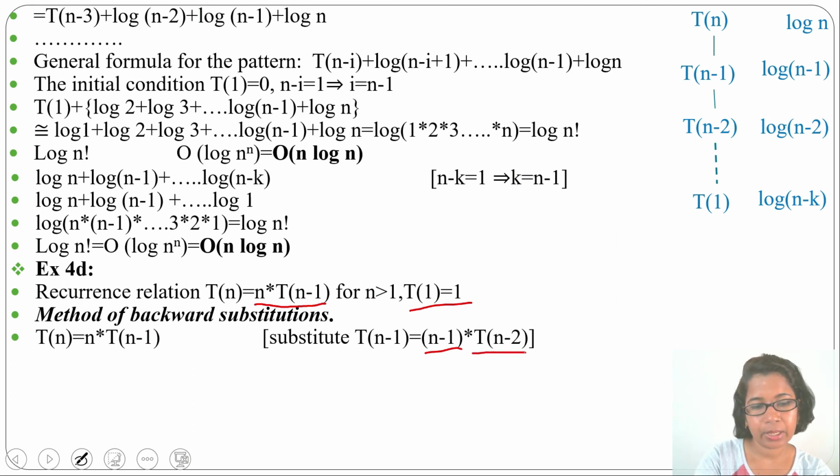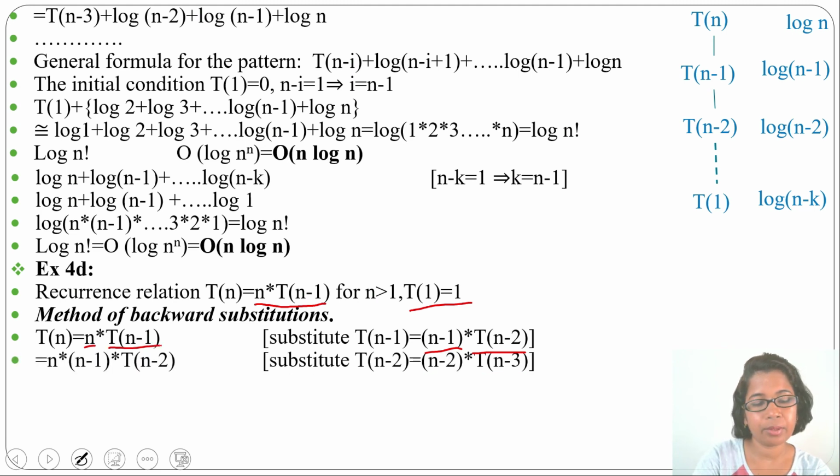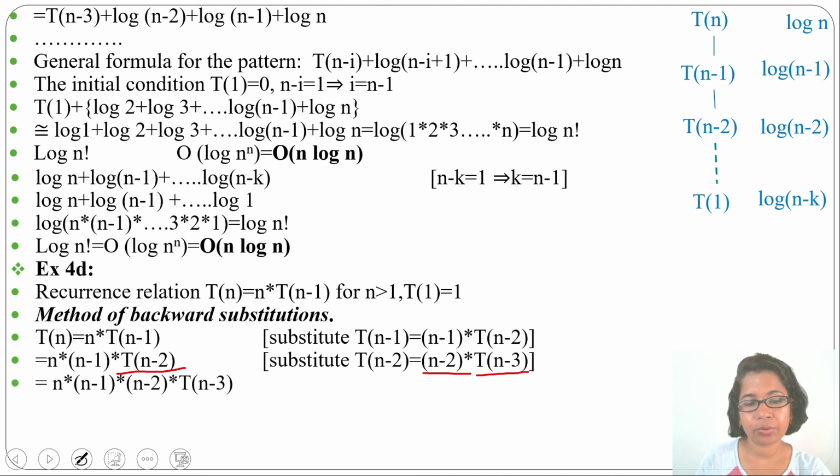After substitution, we get n multiplication (n minus 1) multiplication T(n minus 2). Now in place of T(n minus 2), substitute (n minus 2) multiplication T(n minus 3). We get n multiplication (n minus 1) multiplication (n minus 2) multiplication T(n minus 3).